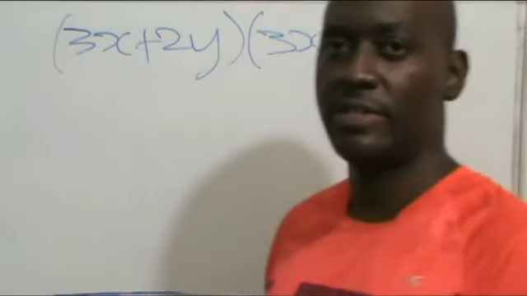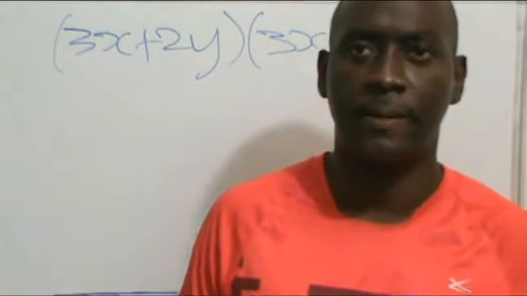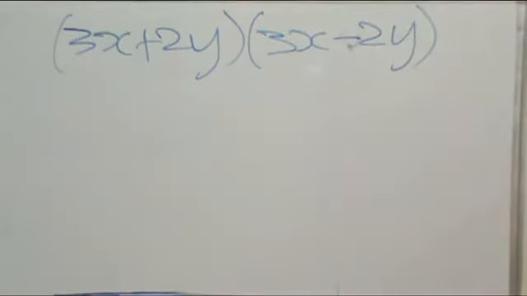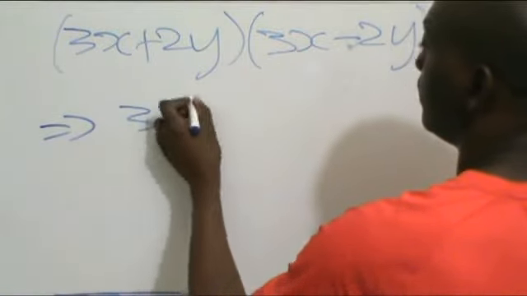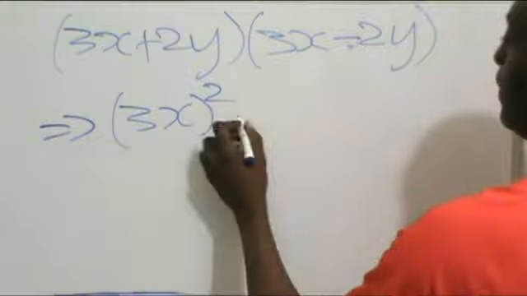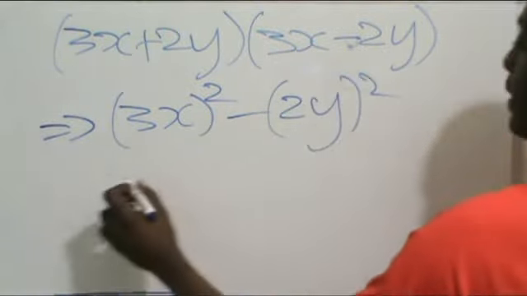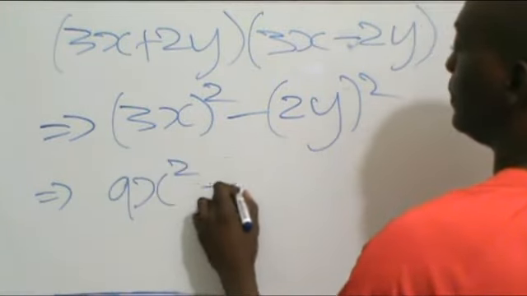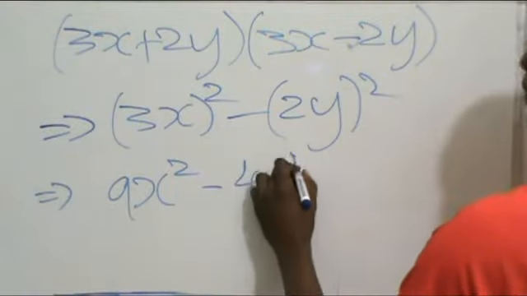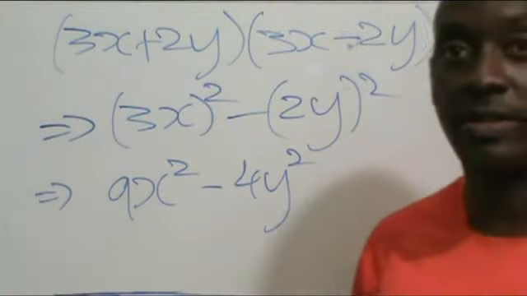Again, difference of two squares. 3x plus 2y into 3x minus 2y. Alright, you would have as equal to 3x in brackets squared minus 2y in brackets all squared. 3x squared is 9x squared, and 2y squared is 4y squared. End of this discussion. Alright, story done.